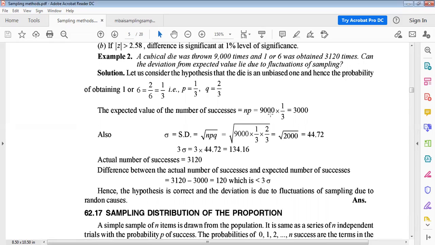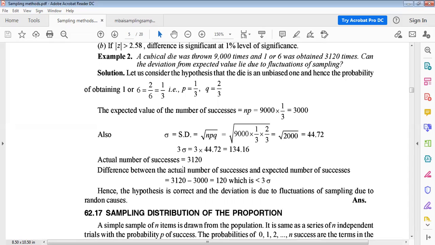So n is 9000, the sample size, and p is 1 by 3, the probability of success. Also sigma, the standard deviation, equals square root of npq. This is the formula. Just putting in the values, we get 44.72. Now 3 sigma equals 134.16.